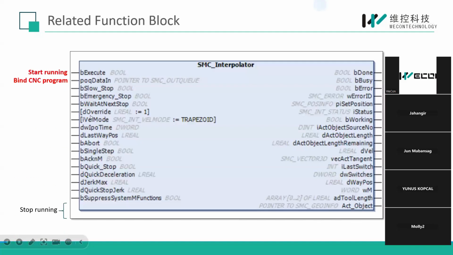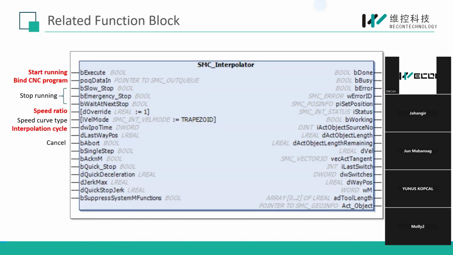And some other parameters, for example, speed ratio, speed curve type, interpolation cycle, and single step running. When you trigger this single step running, it will only run one line of G code.